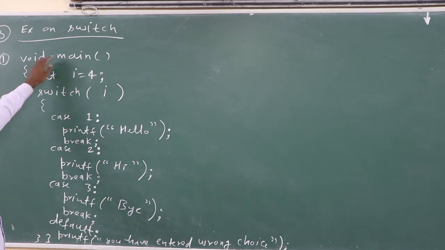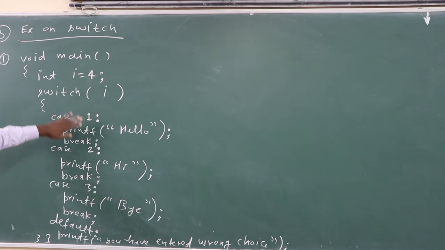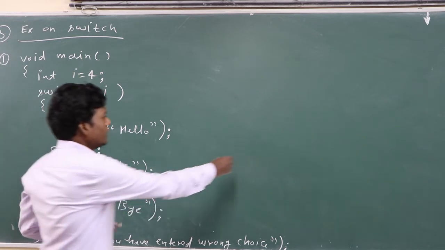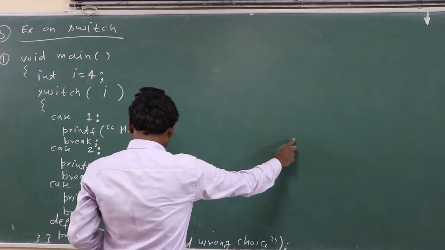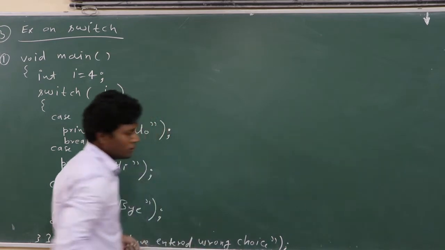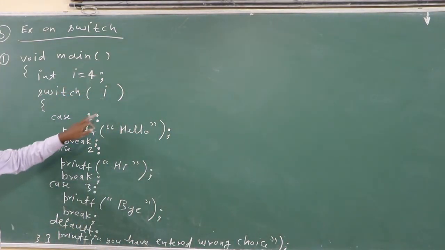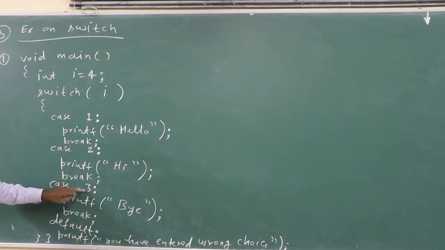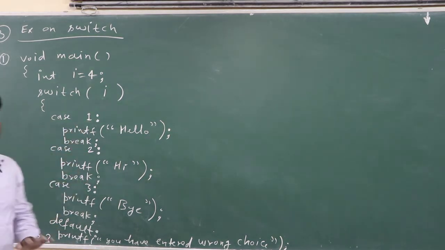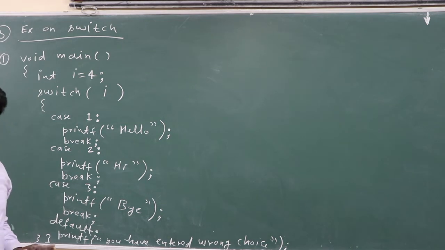So now what will be the output? Output will be you have entered wrong choice, because I have value 4, and 4 does not match 1, 2, 3. 4 does not match any case except default.